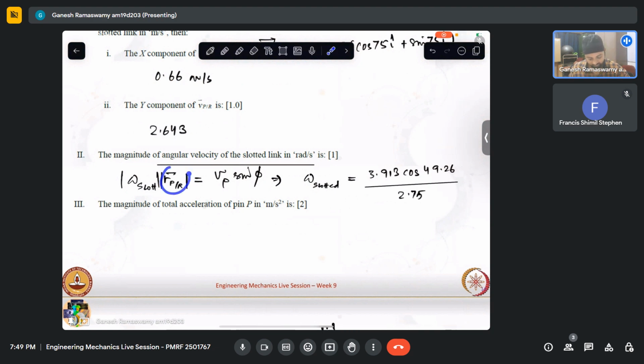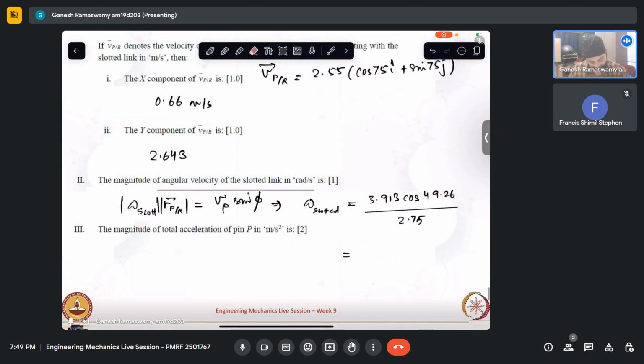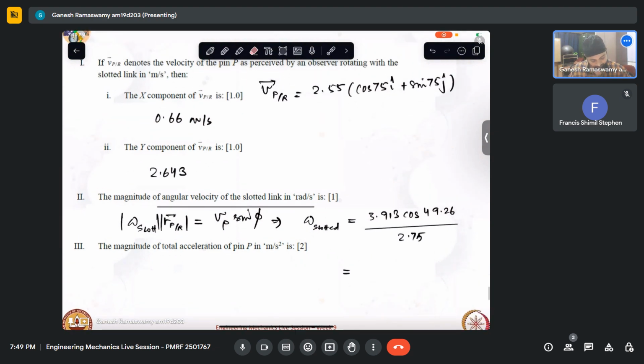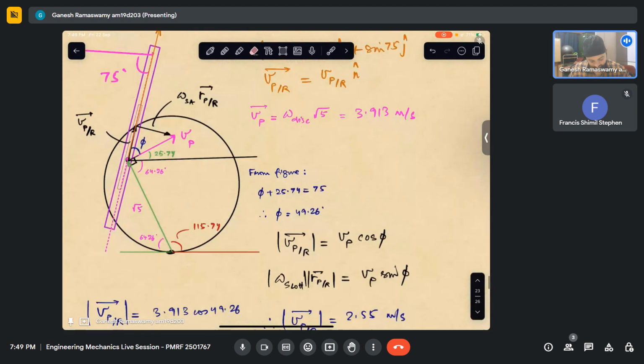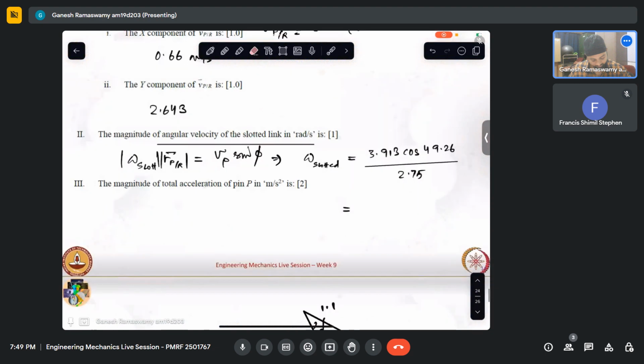We saw this quantity was 2.75. So this comes out to be 0.93.